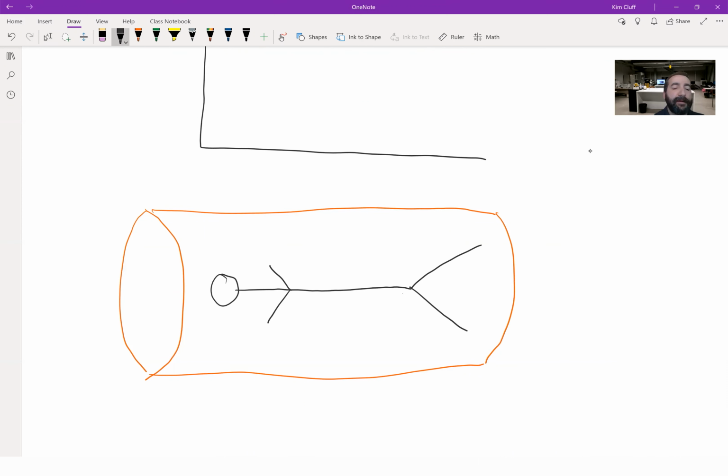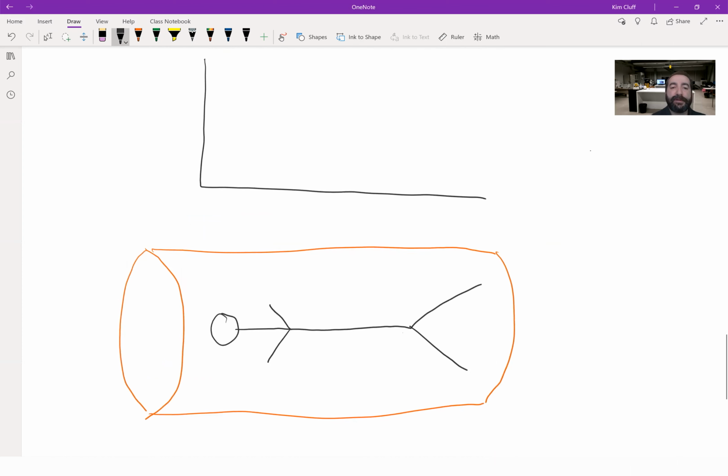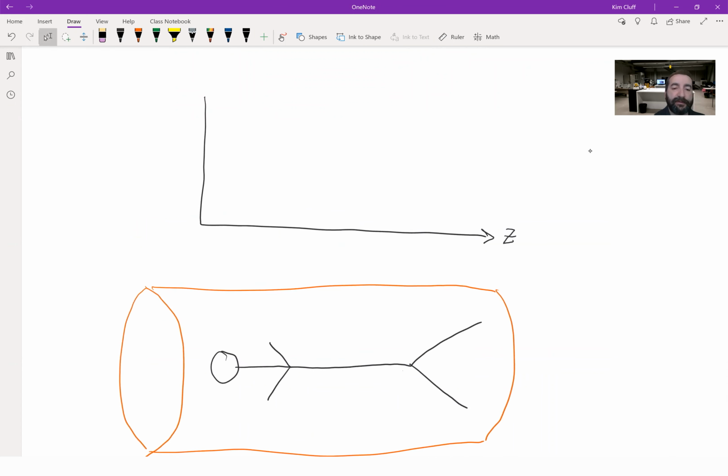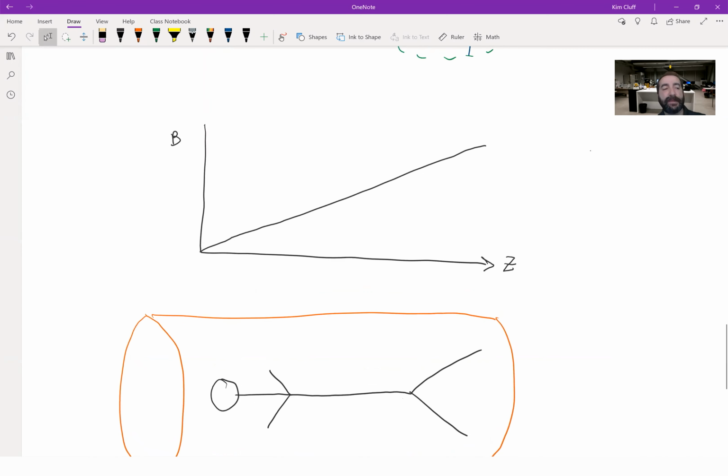And we look at the strength of the B field along the z-axis, okay? The strength of the B field is actually not constant throughout the length of that tube. It's actually linearly increased, okay? So the strength of the B field changes, okay?